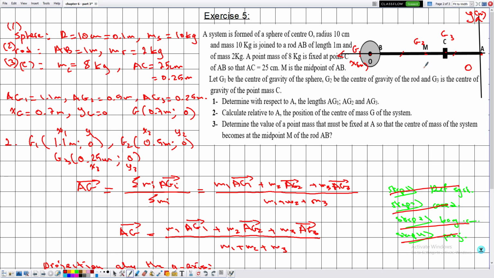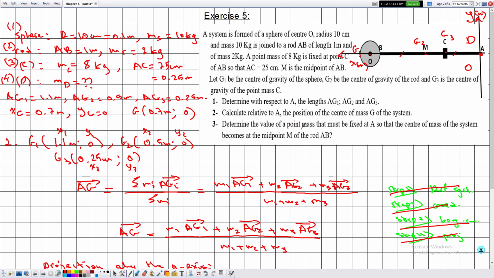So now the system is not composed of only 3 but composed of 4 bodies or particles, and let's say that this particle is the particle D having an unknown mass md such that it's located at the point D, at the point A. Okay, so determine the value of a point mass that must be fixed at A so that the center of mass of the system becomes the midpoint M of the rod AB.